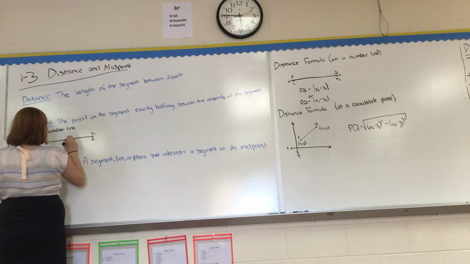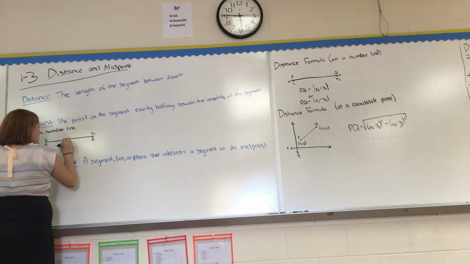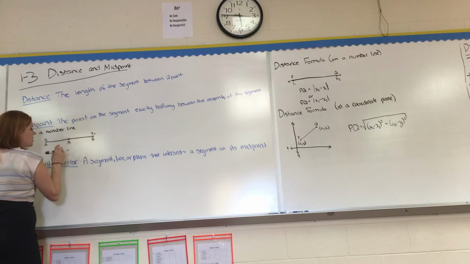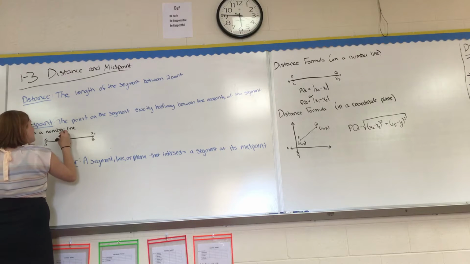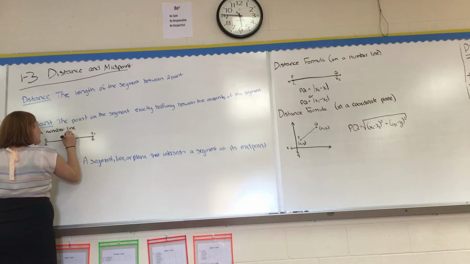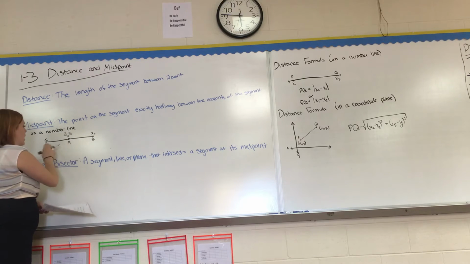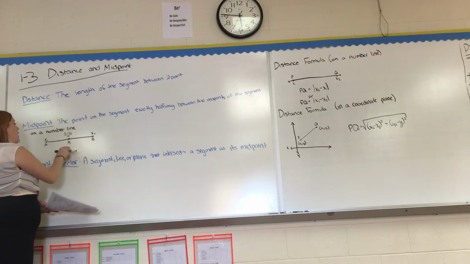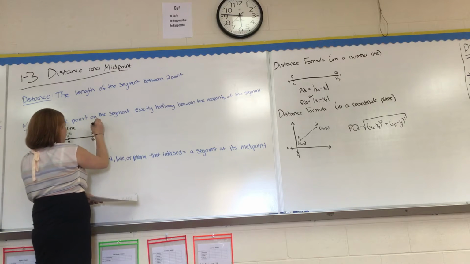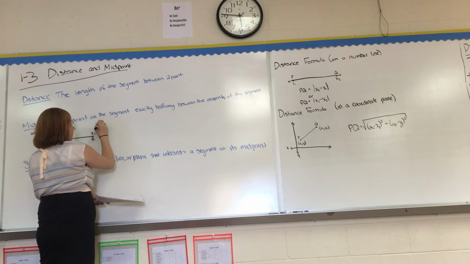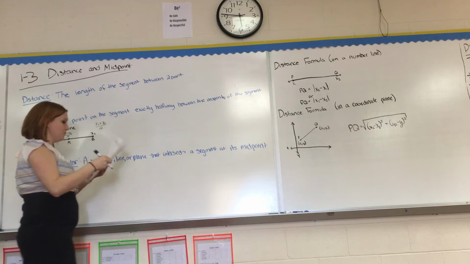Its midpoint, approximately there, which we're going to label M for midpoint, is x1 plus x2, so we want the average. We take the average, x1 plus x2 divided by 2. So this is the formula for the midpoint on a number line.